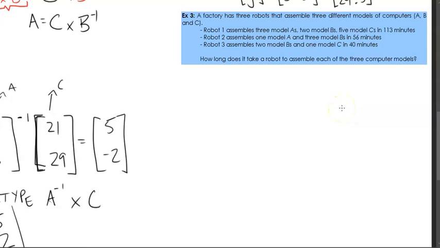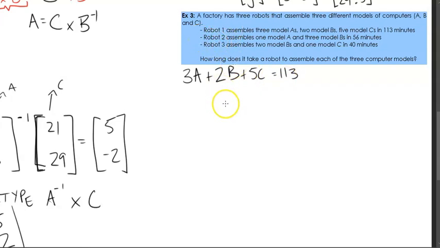Alright, so for now, let's put in what we do know. So 3 model A's, so 3A, 2 model B's, 2B, and 5 model C, 5C is equal to 113 minutes. And we have 3 unknowns now. If we have 3 unknowns, by definition, we have to have 3 different equations.